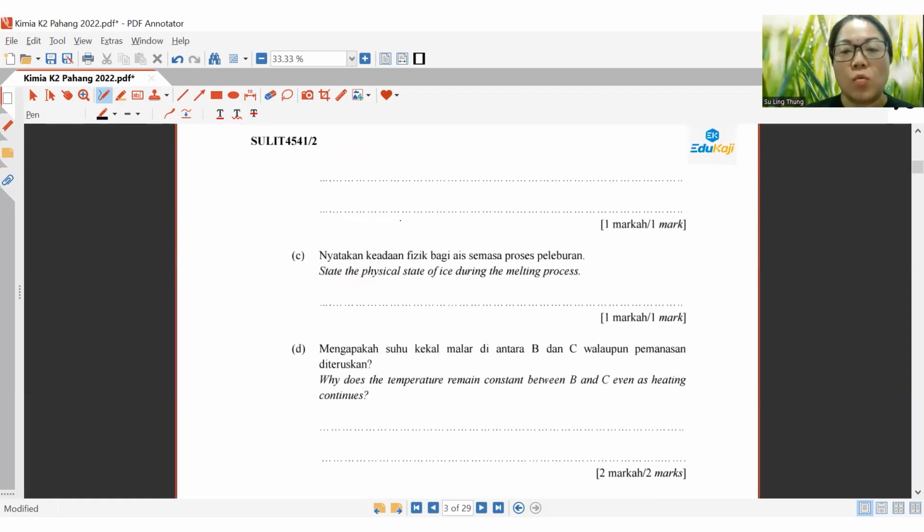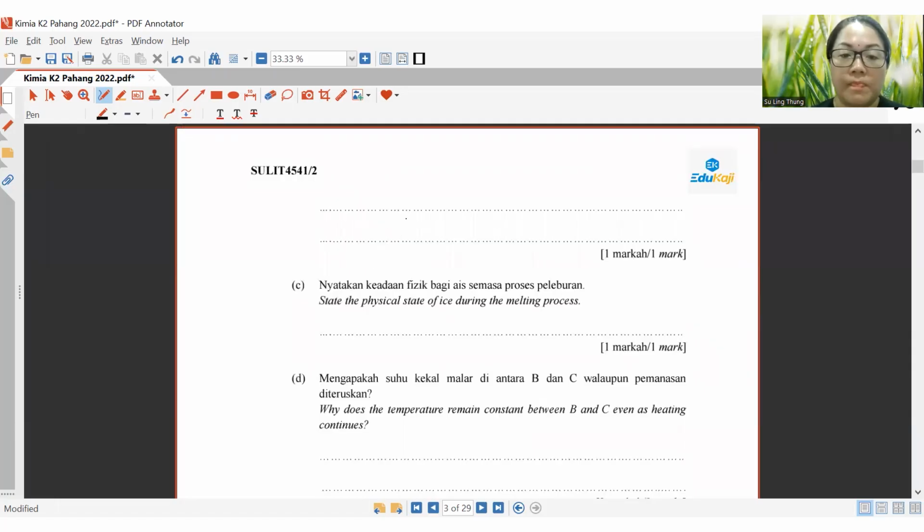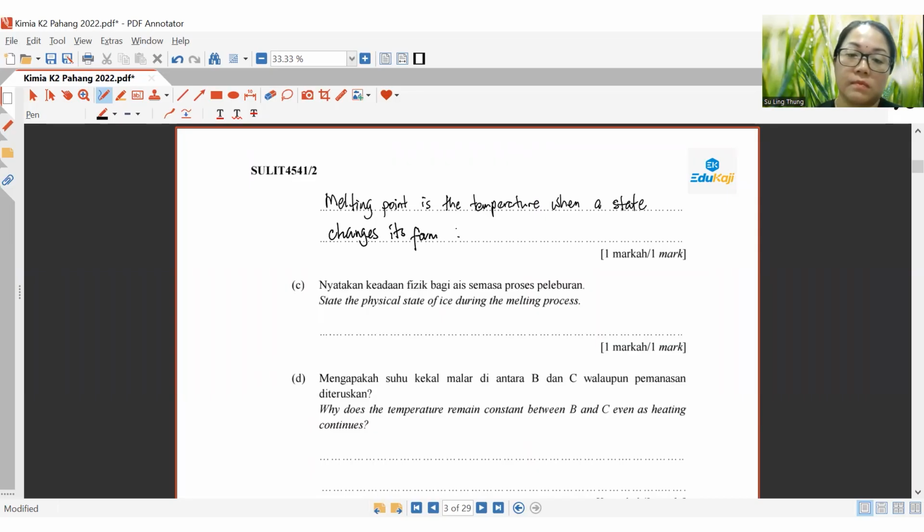So in this case, melting point is the temperature when a state changes its form to another state. So this is what we call a melting point.